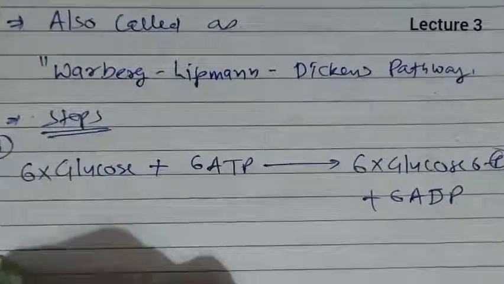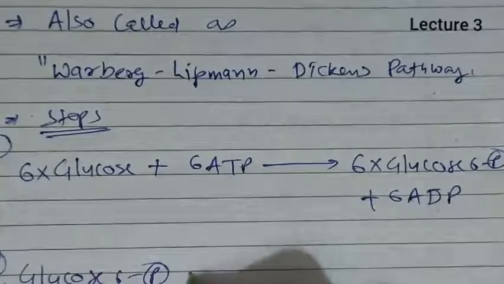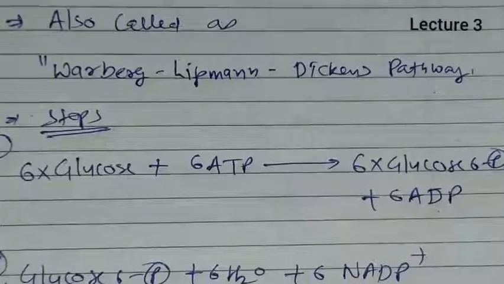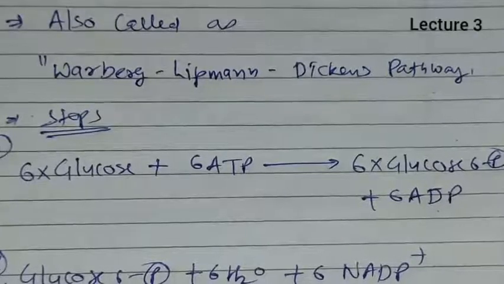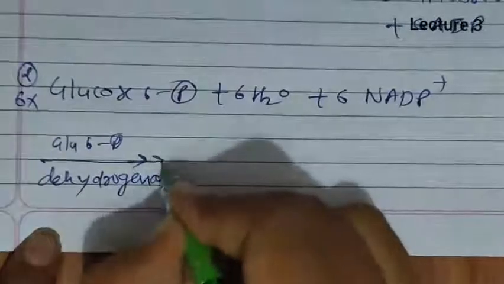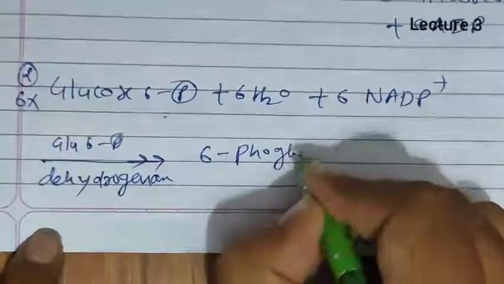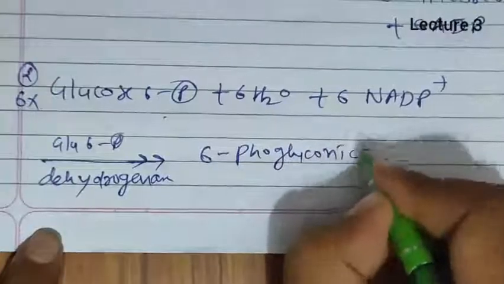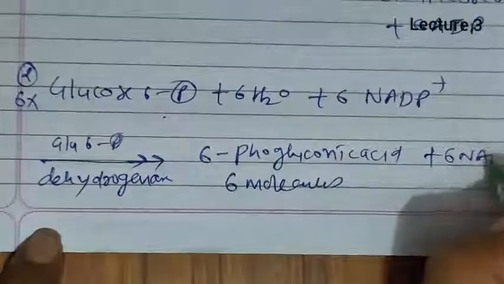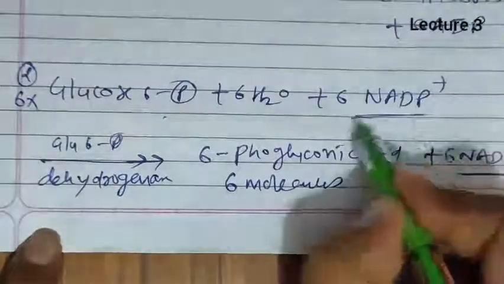In the second step, the 6 molecules of glucose 6-phosphate will react with 6 water and 6 NADP+, in the presence of glucose 6-phosphate dehydrogenase, and convert into 6 molecules of 6-phosphogluconic acid, plus 6 NADPH are obtained. This means here 6 NADP are used in this process.